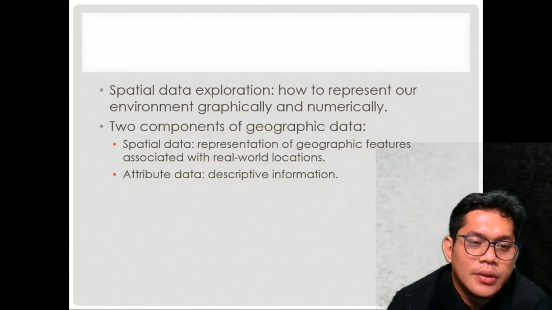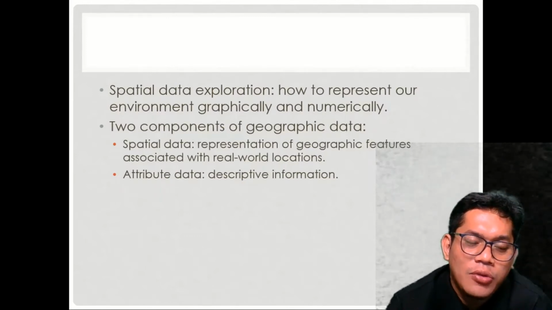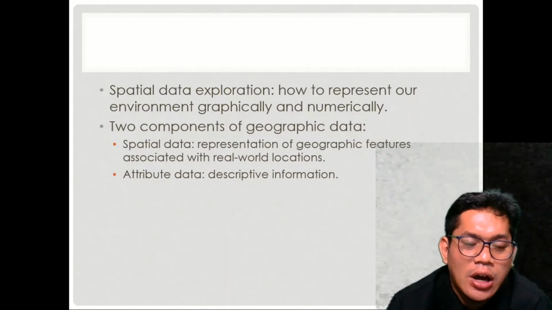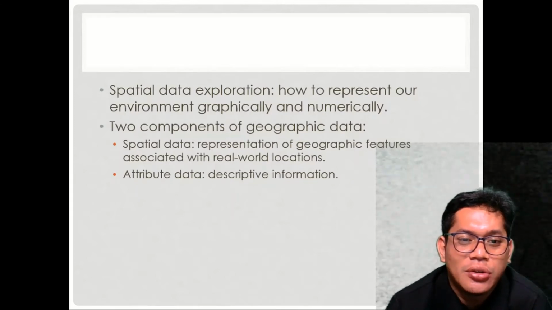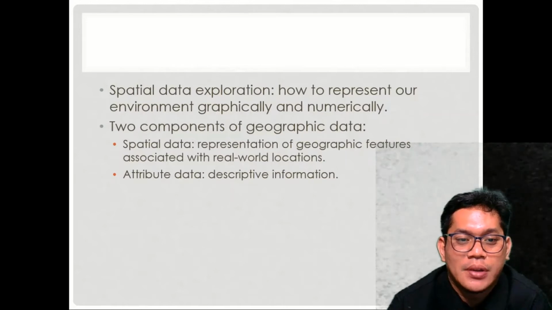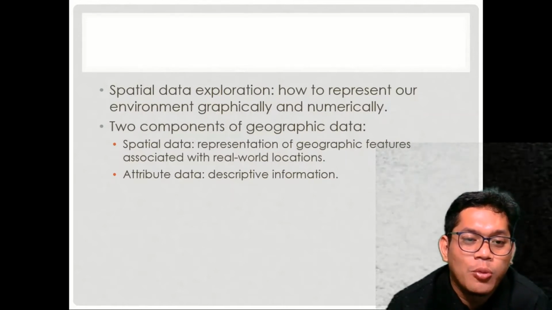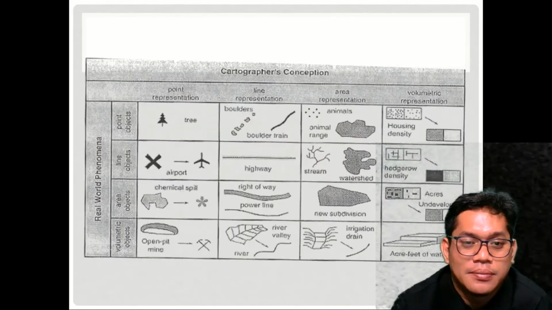Okay, so what is in the GIS? Basically, when we talk about spatial data, how do we explore it? Spatial data is representations of our environment in graphics and in numbers, where both of them are kept in the two components of the data, which are the spatial data and also the attribute data.